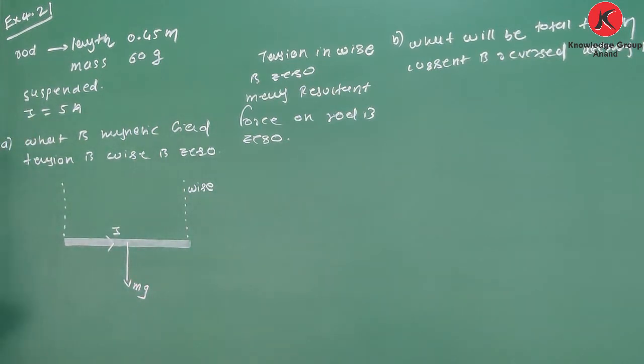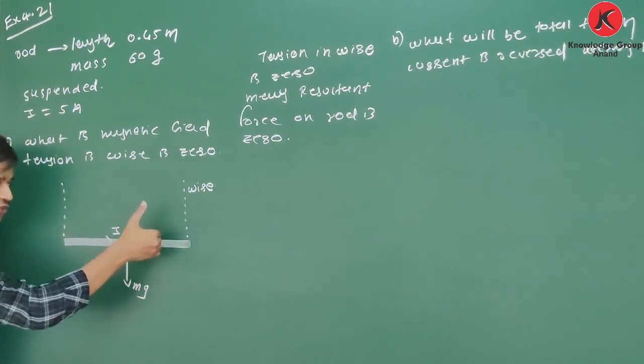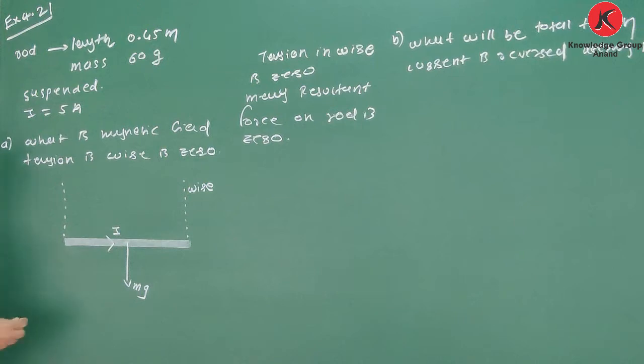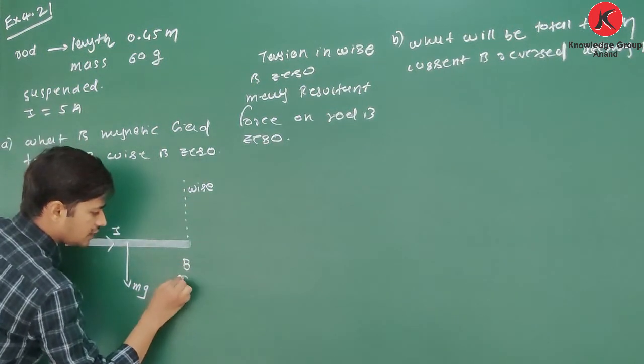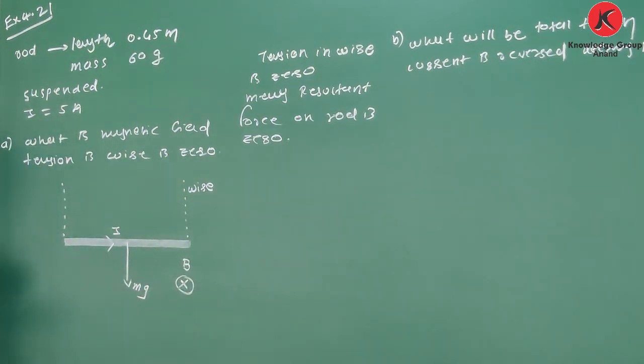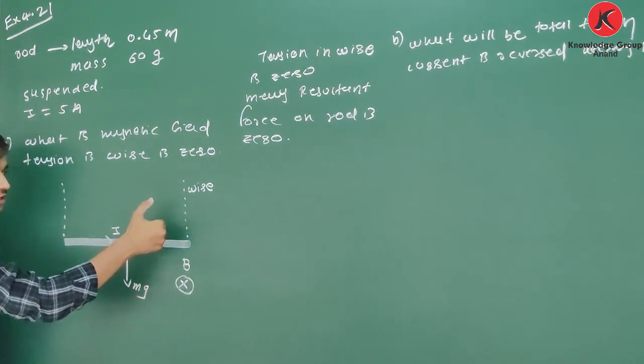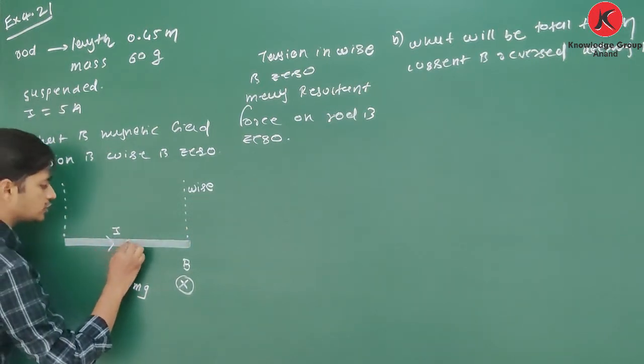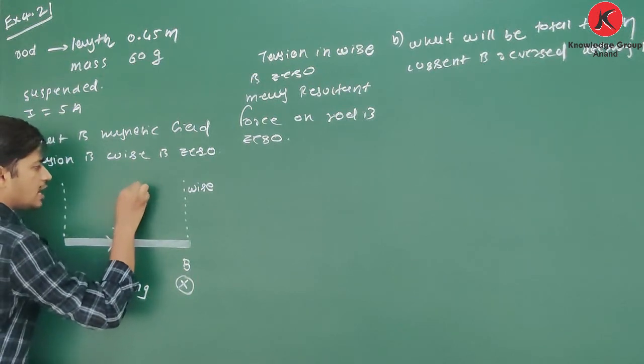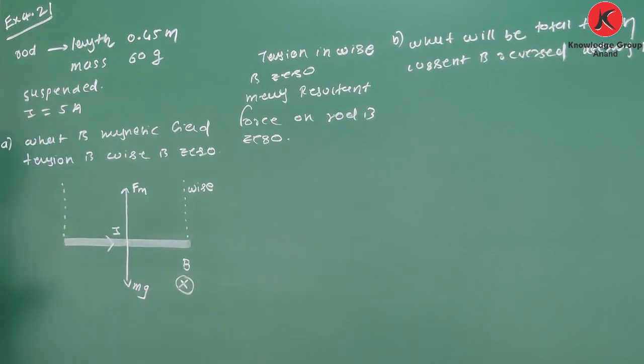So yes, when force acts in upward direction, the magnetic field in this region is perpendicular inside. See, current is flowing in this direction, magnetic field is inside, then the thumb comes in upward direction, which means the force due to the magnetic field, Fm, becomes upward.